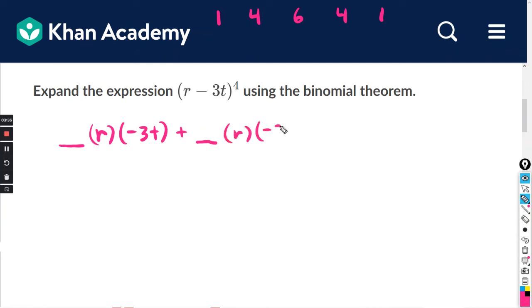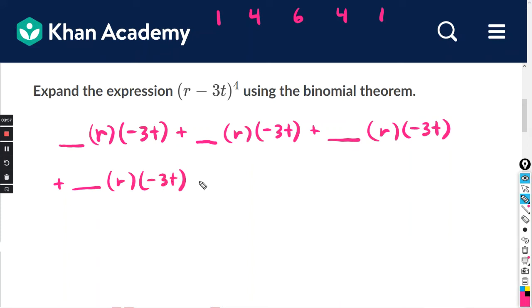So r times negative 3t. Okay, so I wrote r times negative 3t 5 times with a blank space for each one. All right, so the blank space is going to be for the coefficients right here.